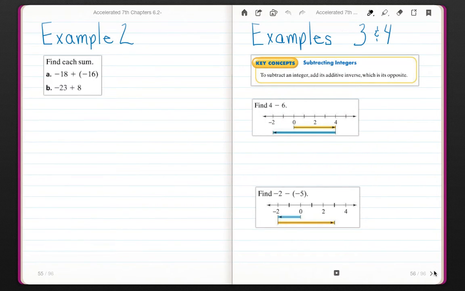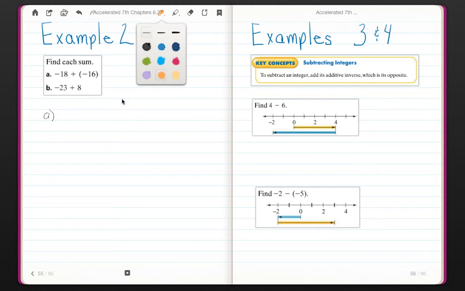All right, example 2, find each sum. So A, let's change colors. Black's boring. Orange. -18 plus -16. Again, those parentheses just to differentiate. So I see that my signs are the same. They're both negative, so I'm going to add.